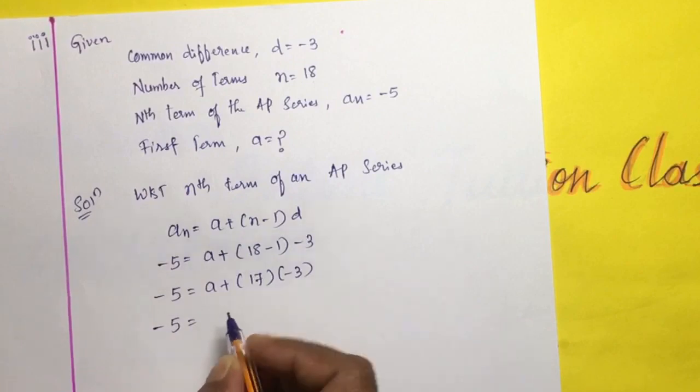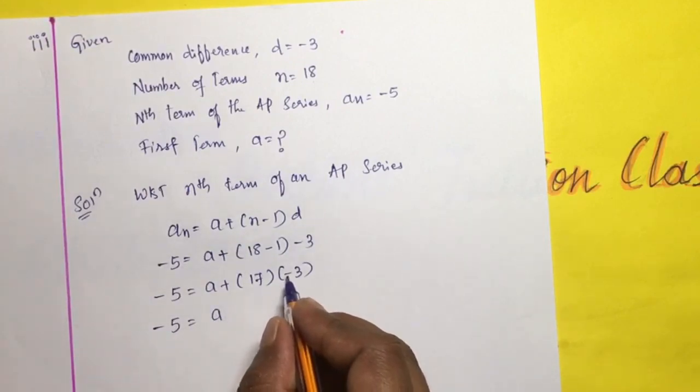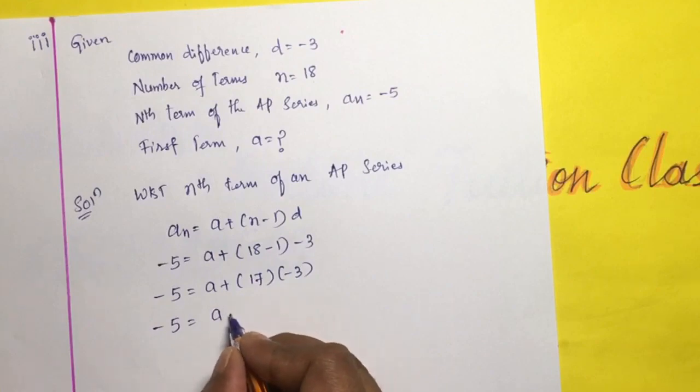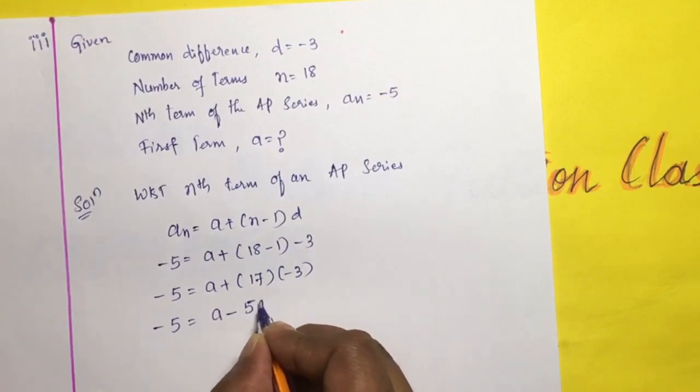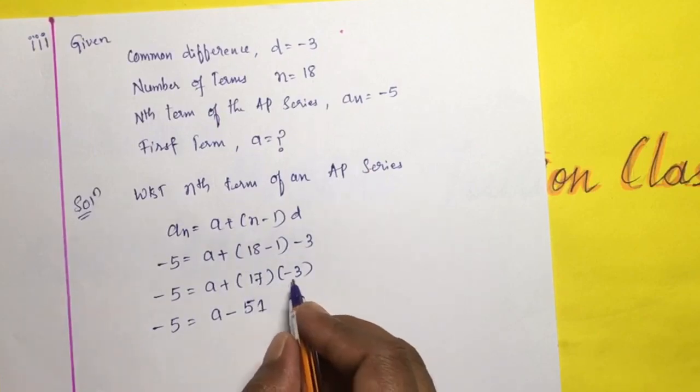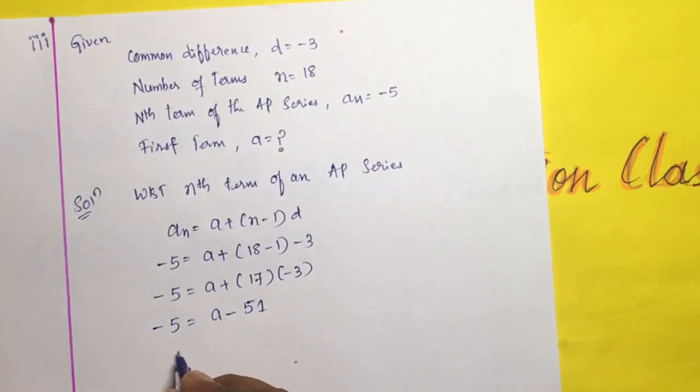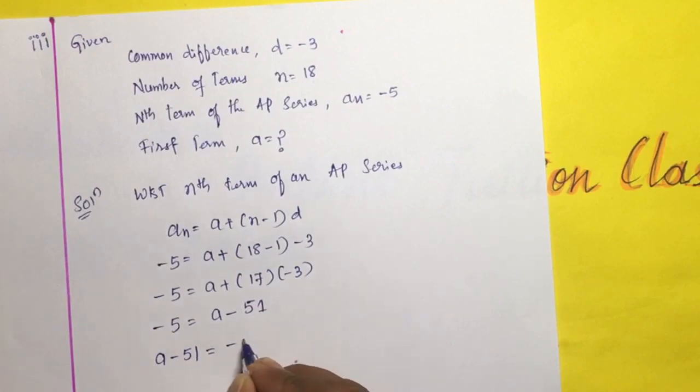Minus 5 is equal to a, minus into plus is minus 51. 17 into 3 is 51. So this can also be written as a minus 51 is equal to minus 5.